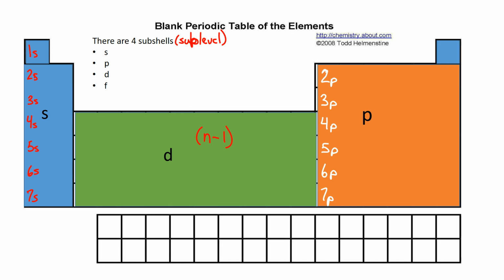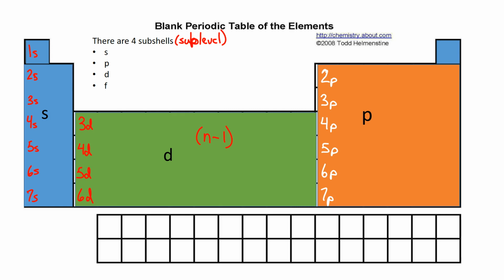So instead of starting with 4D, I would actually start with 3D here, 4D here, 5D, 6D. So remember I said you can still be filling the 3rd energy level when you're in the 4th row. Notice that there are 10 columns represented in that region. So that means we're going to be dealing with 10 electrons.